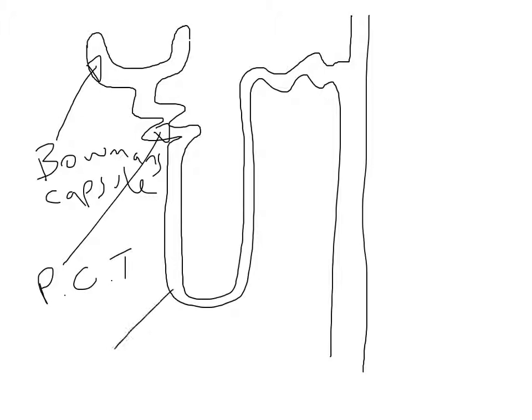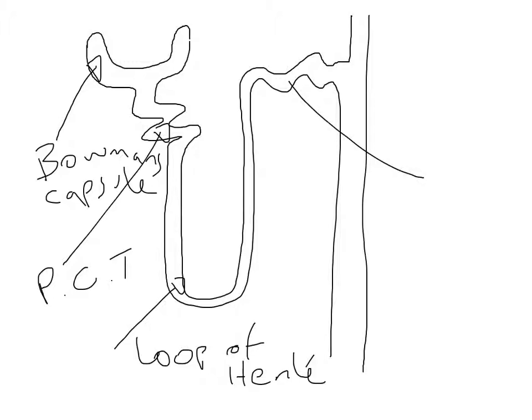It then extends down into the loop of Henle. It will then go back up the ascending limb of the loop of Henle to the distal convoluted tubule, and here we have the collecting duct.